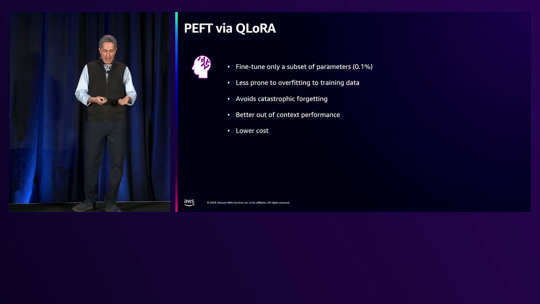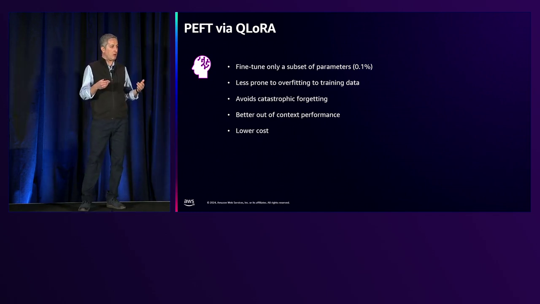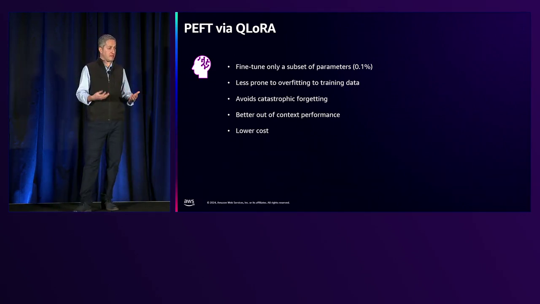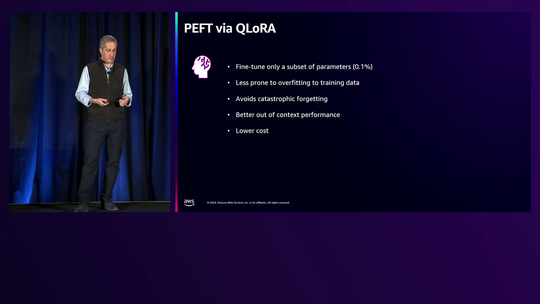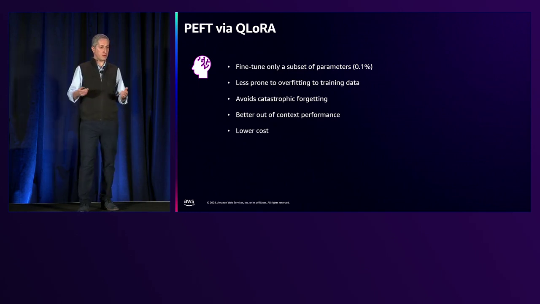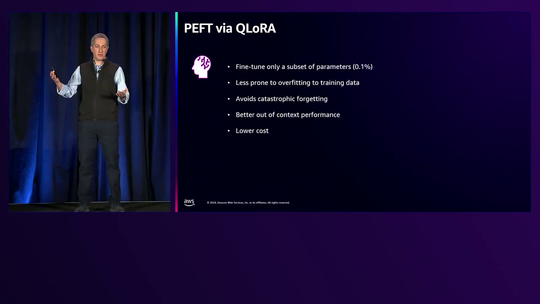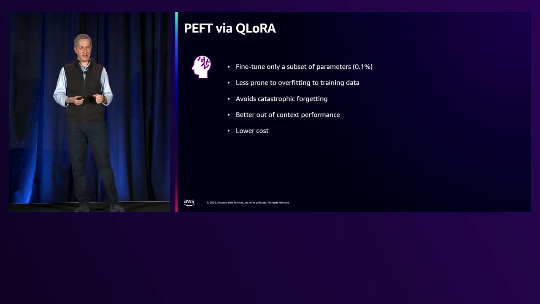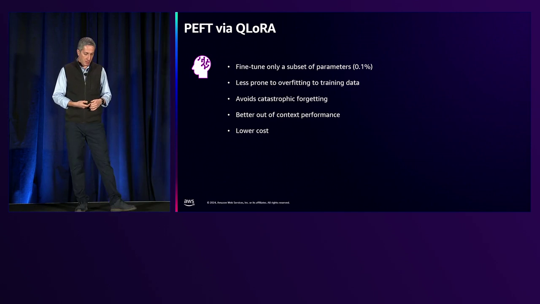There is an additional benefit, I think I touched on this: when you update only a very small subset of parameters, you are much less prone to overfitting risks, and also catastrophic forgetting. Catastrophic forgetting is when, as part of the fine-tuning process, your model forgets the initial learning that it had because you're being too surgical with that model.